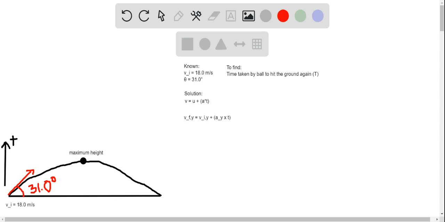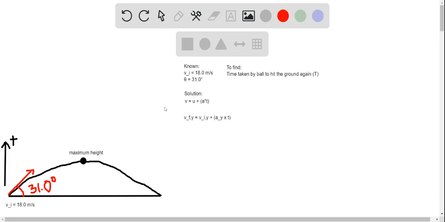Here, Vfy is the velocity of the football when it reaches maximum height, Viy is the velocity when the football is originally kicked, and Ay is the acceleration of the football when it is at maximum height. And time is what we're trying to calculate, and that is the time it would take for the football to reach the maximum height from the ground.